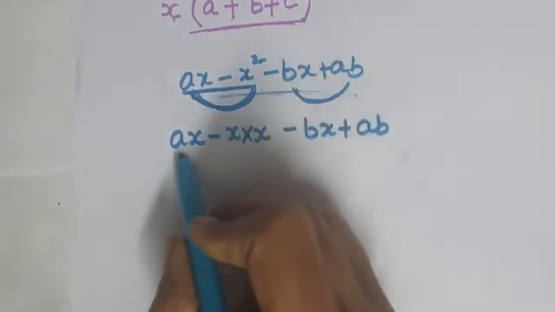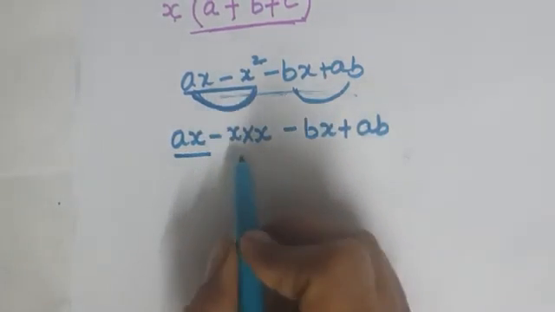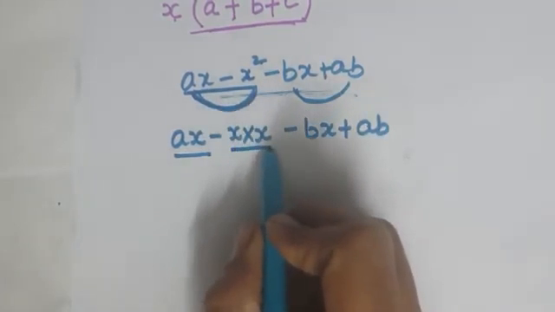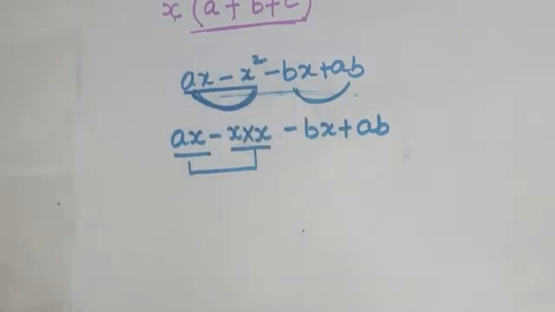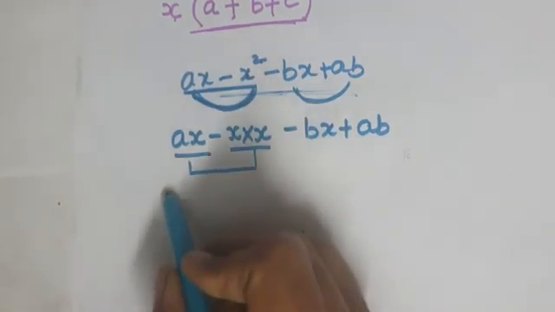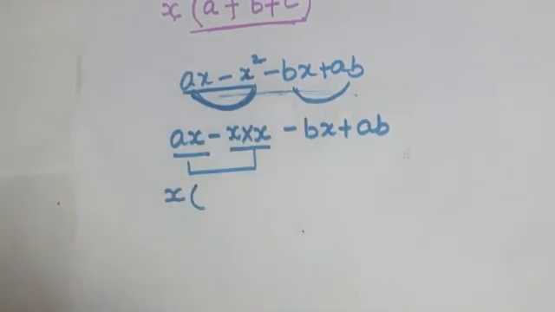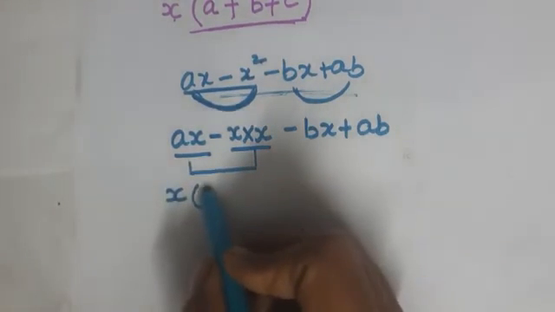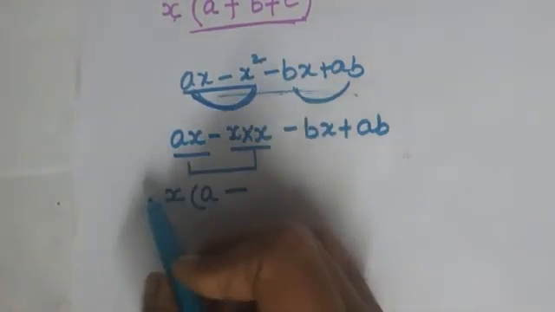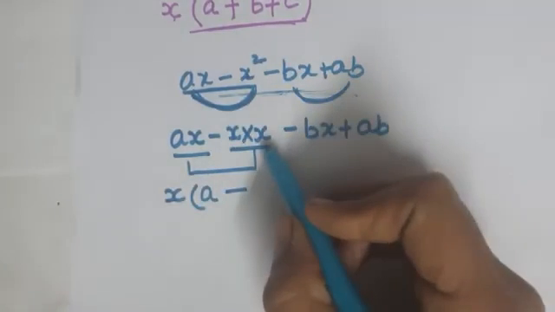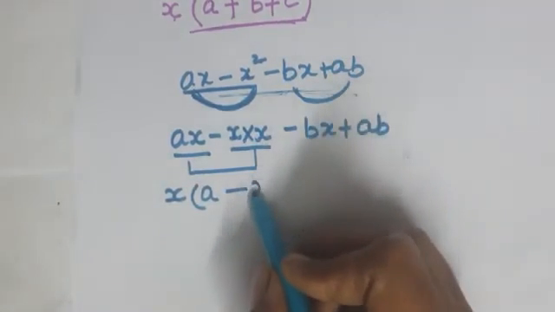Now, ax is here, x into x is here. So what is common here? Yes, x is common here. So what do we get inside? That is a minus. x is common, so what is left? That is x.